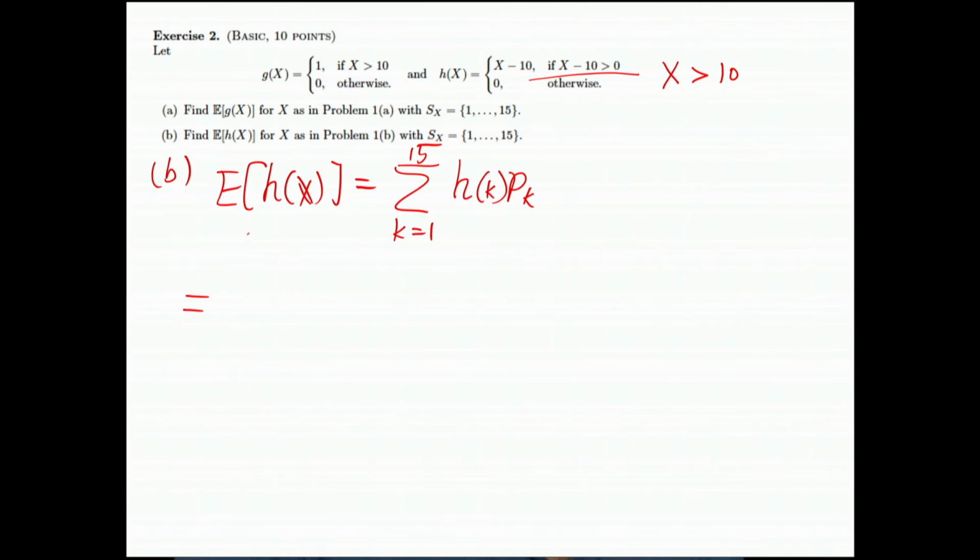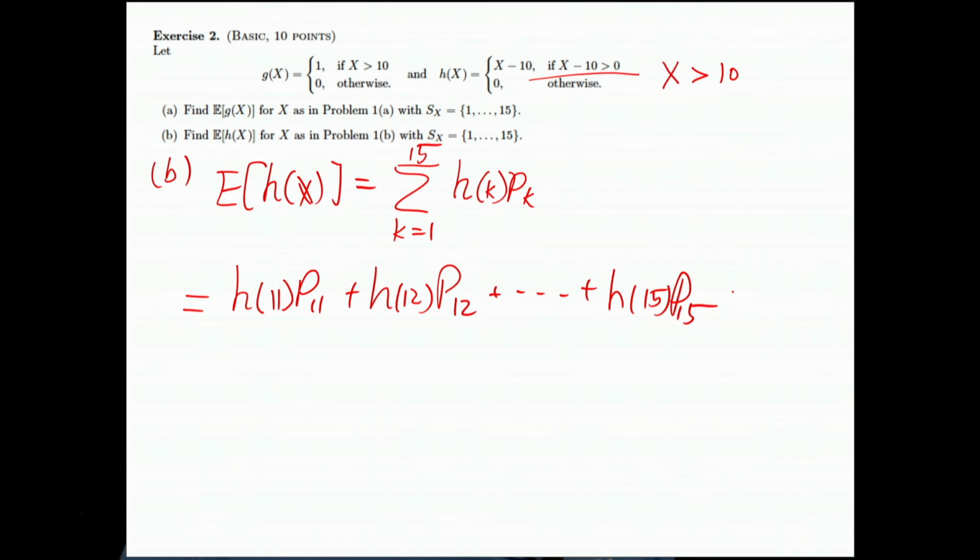So I will have only h11 times p11, h12 times p12, up to h15 p15. Oh, and this is for part B.